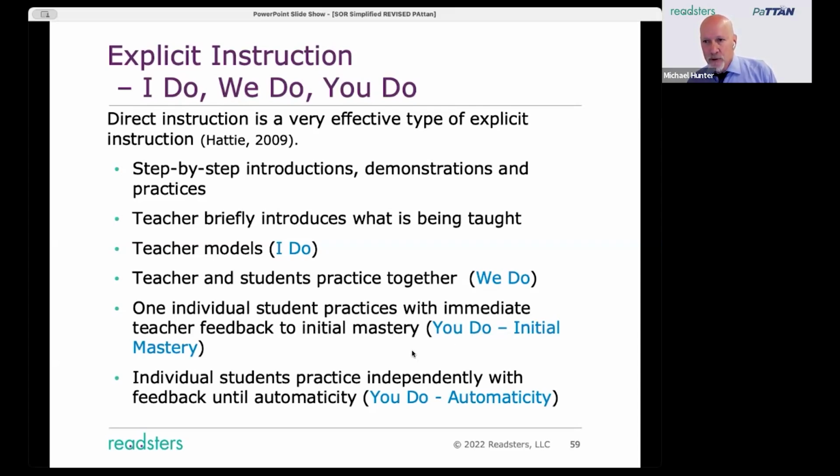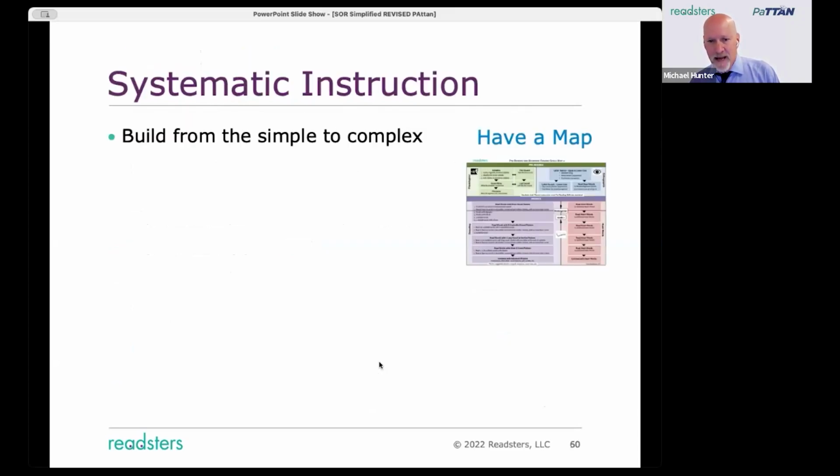So that requires you-dos with the teacher listening to what's going on and providing immediate corrective feedback. Once a student has demonstrated basic mastery, they can start to do independent you-do practice, which doesn't require the teacher monitoring every thing that they're doing, because it's just miles on the page, if you will. It's more practice of whatever the skill is, but you can rely from their mastery that they're doing it correctly. They just need to keep doing it until it becomes automatic.